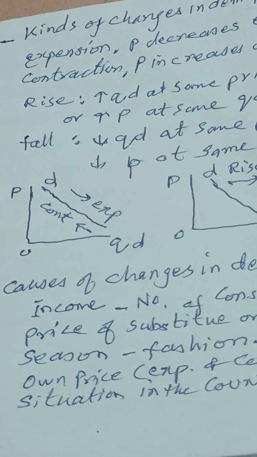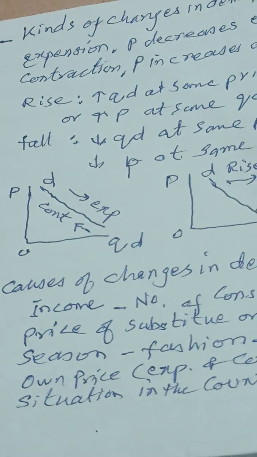But in real life, there is always a change in income during a year, especially of a businessman. When income increases, demand for normal goods mostly increases, and when income decreases, demand for normal goods also decreases.